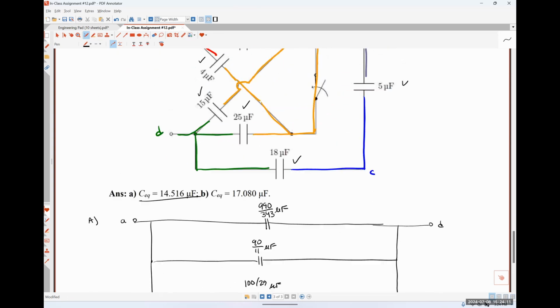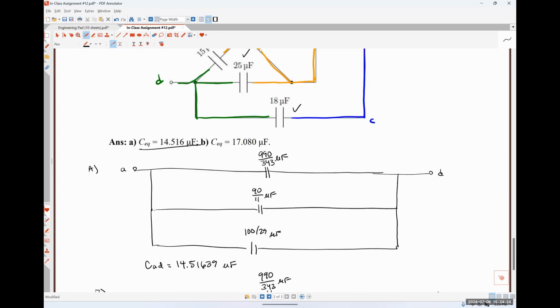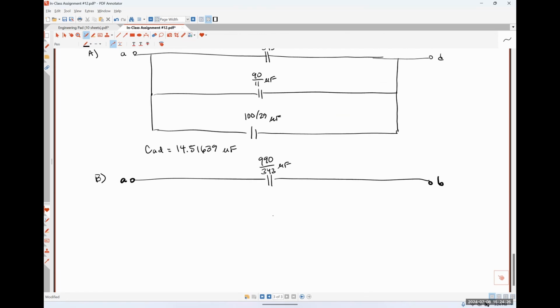Now let's look at our interior paths, right? So we're going to go from A to E to D, but there are two different ways to go from A to E, and there are two different ways to go from E to D. So let's put E here in the center.